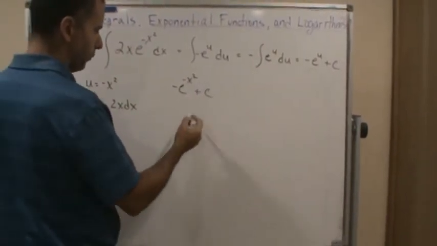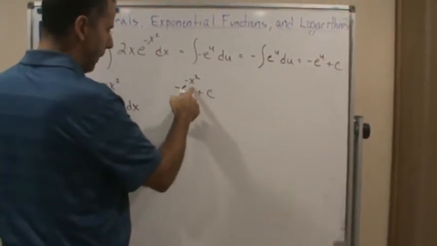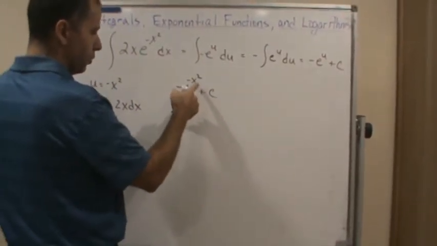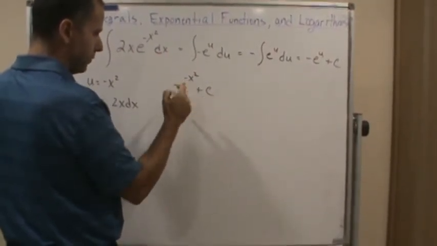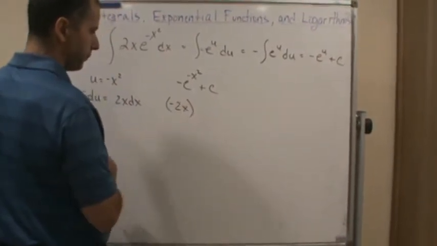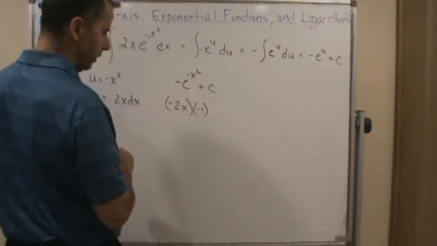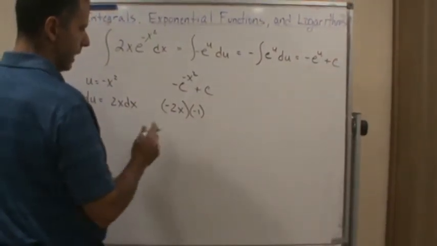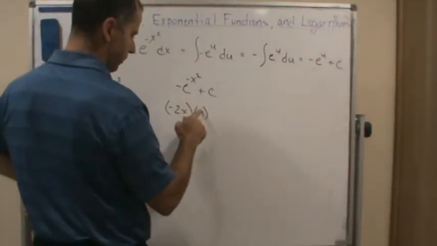So let's do that. Well, if we take the derivative of this, the c goes away. Well, what happens? I'm going to multiply by the derivative of the inside, which is going to give me a negative 2x, so negative 2x, right, times this negative 1 that's there, times the derivative of the outside, which is just what?